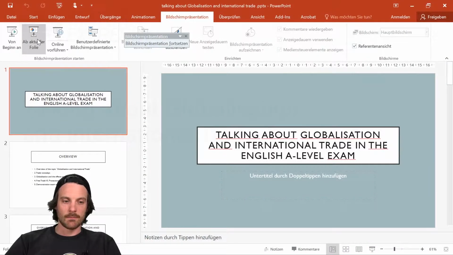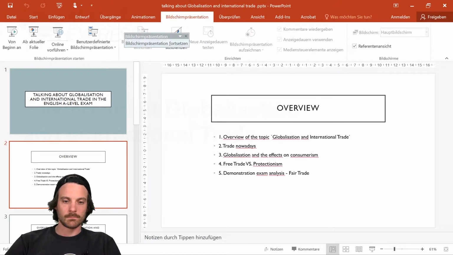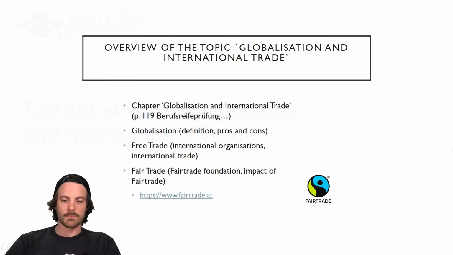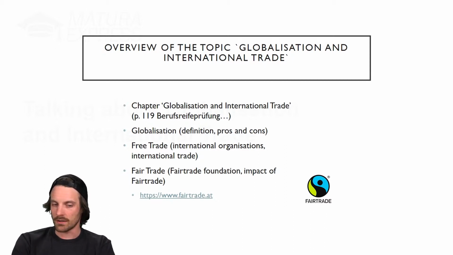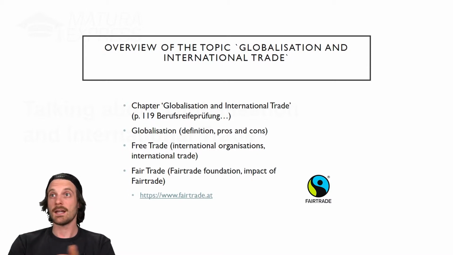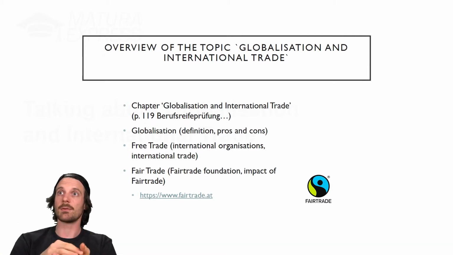And that helps you to basically have a closer look into the topic and gain knowledge for this topic in order to successfully complete the oral exam. And of course you can do the same thing with every other subtopic, in this case fair trade, the international organizations that enabled fair trade in the first place.